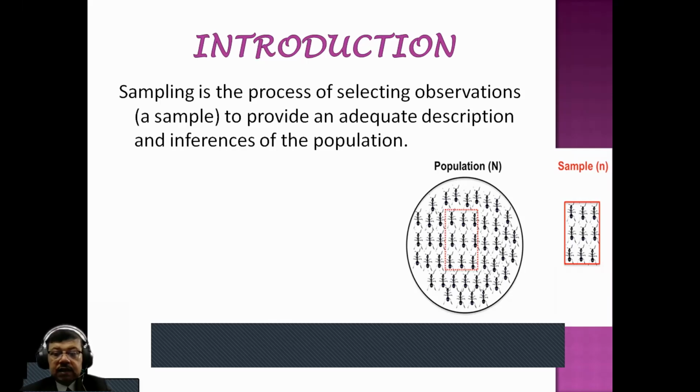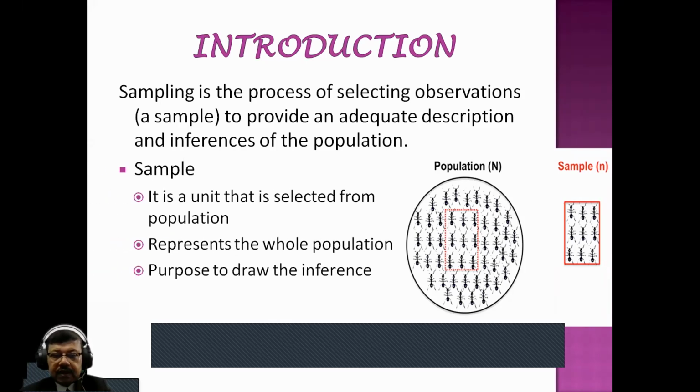If you see this circular diagram, if it is representing population, then a chunk taken out from this is known as sample. Now, sample is basically a unit that is selected from population. It represents the whole population and its purpose is to draw the inference.